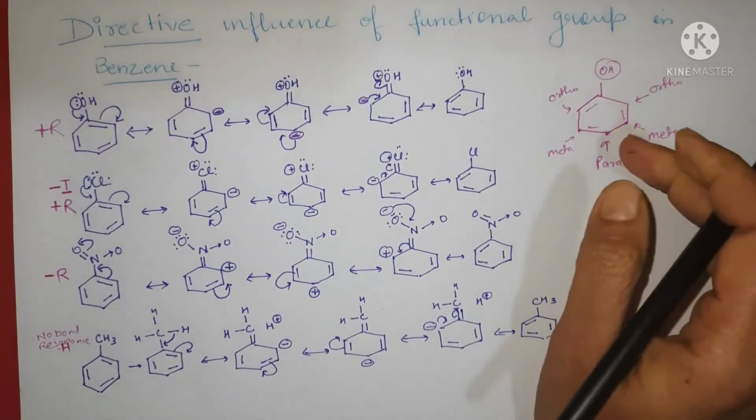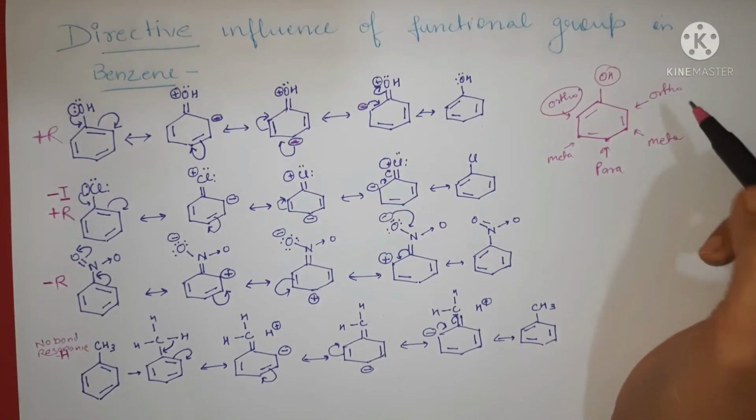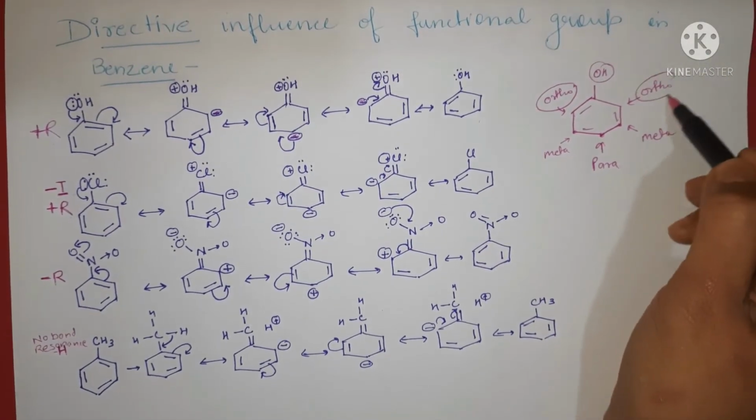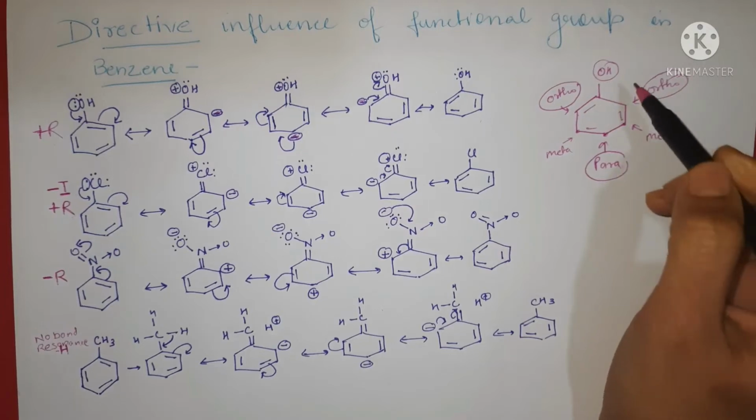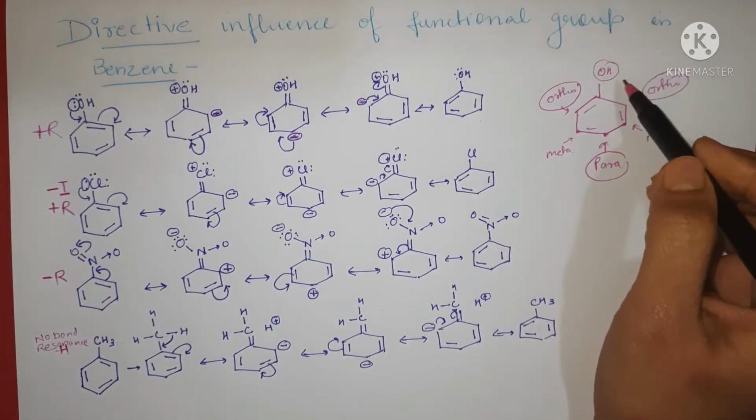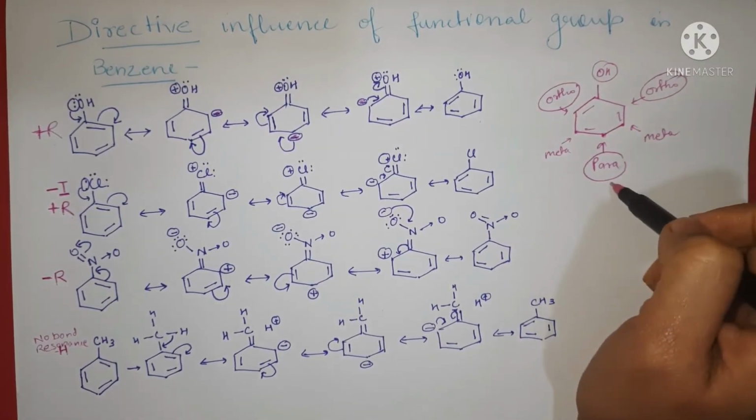So if the electron density increases on the ortho position and para position, we call that particular functional group as ortho-para directing.